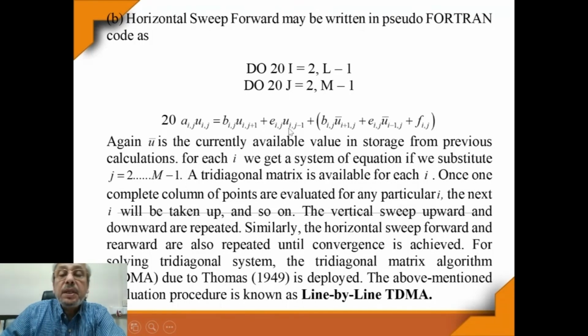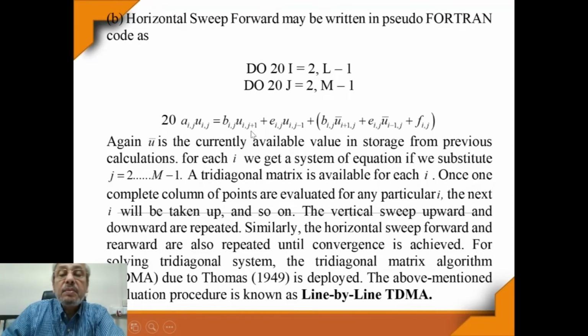Ij, J plus 1, J minus 1 are not known. Again, u bar is the currently available value in storage from previous calculations. For each I, we get a system of equations if we substitute J equal to 2 to M minus 1.